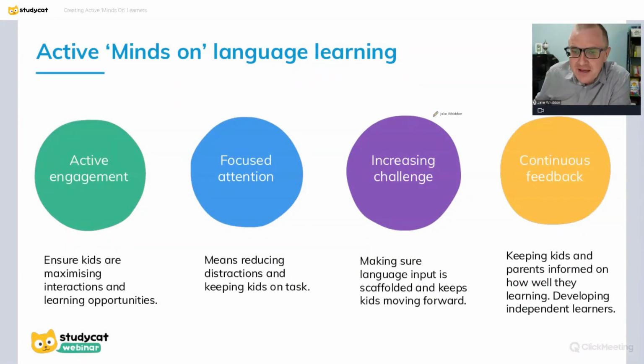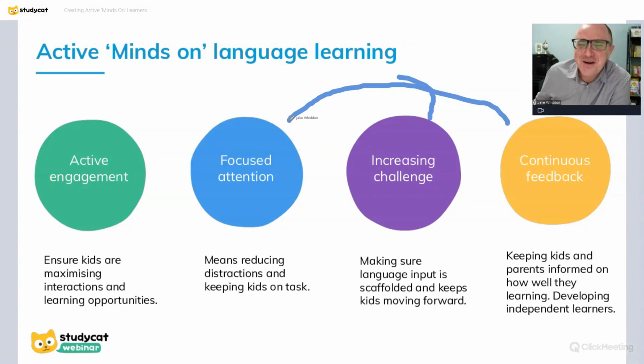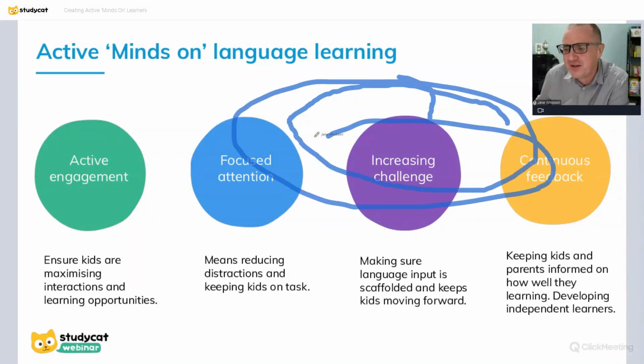Because when you make a mistake, if you know you made it, that's giving you the feedback, which leads back to your attention, which then gets you trying again, and then you keep getting this loop of learning happening. So you want to be giving kids and parents information on how well they're learning. And it's very hard to do on a test, on a paper-based course. You can start to do that better with technology, which we'll talk about.